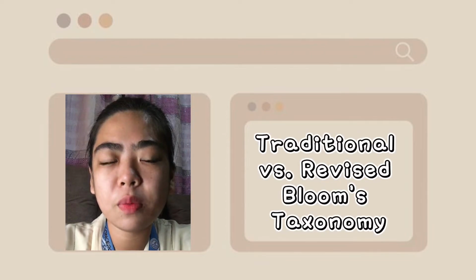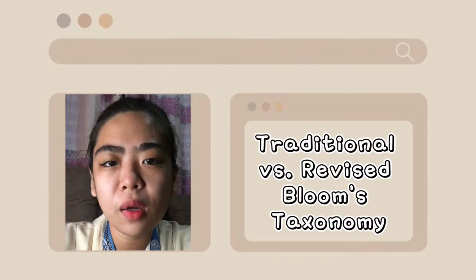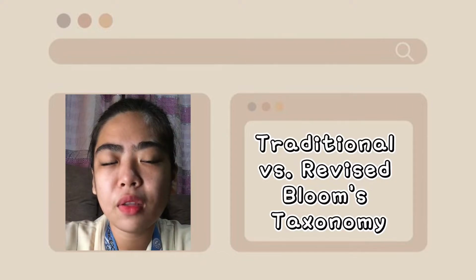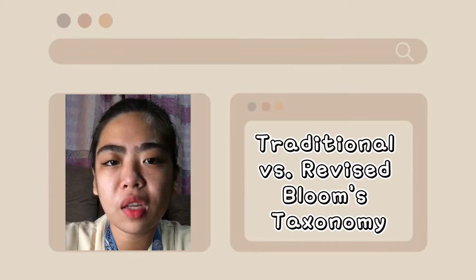So, let's proceed to the traditional. In 1956, Benjamin Bloom headed a group of educational psychologists who developed a classification system for levels of cognitive skills and learning behavior. The classification system they created is often referred to as Bloom's taxonomy.